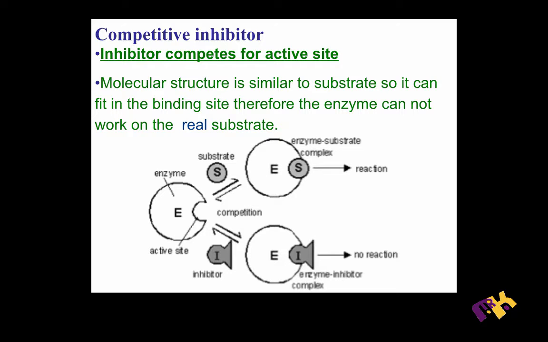If we have a competitive inhibitor in play, then it also has a shape that fits that active site. And it'll get in there and bind, but it's just an inhibitor. It's not the real substrate, so it just sits there. It occupies the space. And so the substrate can't get in there to be worked on, and therefore the reaction can't happen. So that's competitive inhibition.